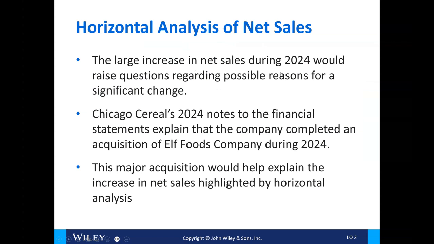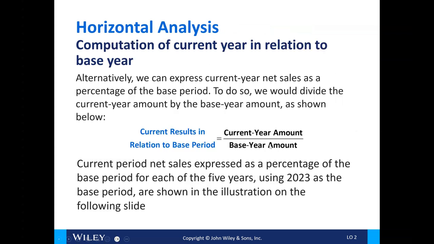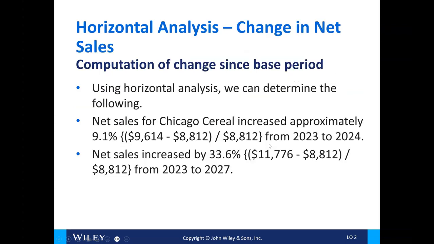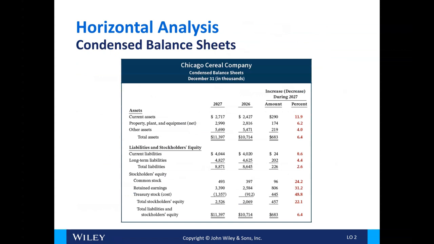But the large increase in net sales during 2024 would raise questions regarding possible reasons for significant change. See, look at here. You go from 10,907 to 11,776. So that's a pretty significant increase. And that's really what we're going to be looking at. We're going to be looking at what changed and why.